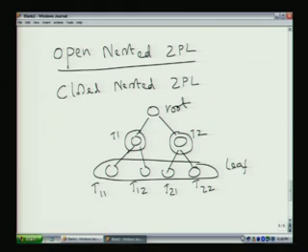Typically, what nested transactions mean here is, T1 consists of T11 and T12, and it is possible for T11 to further go down and have, say, T111, and then you can further have T112.